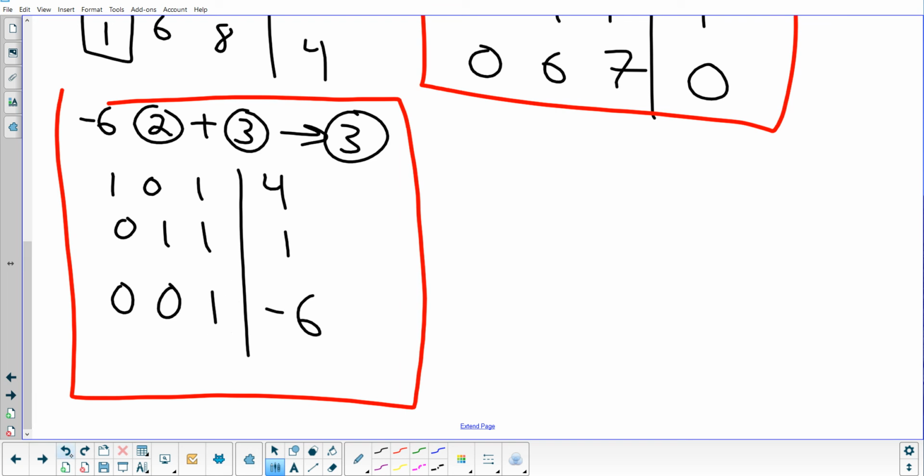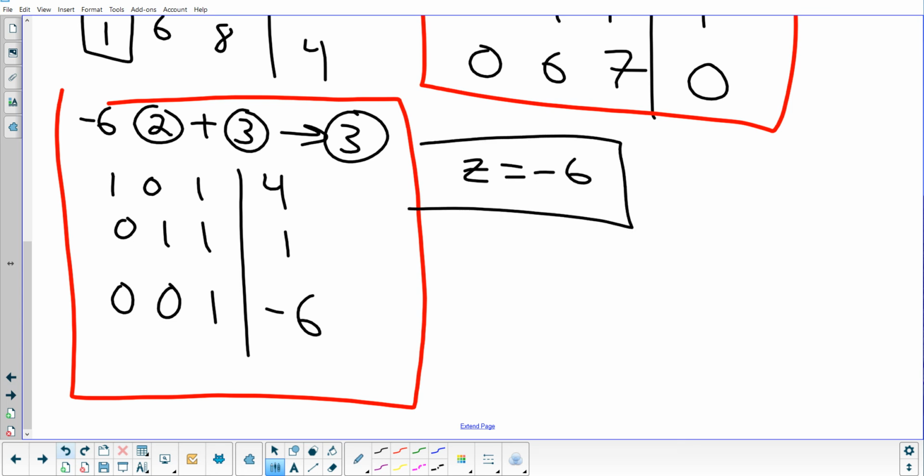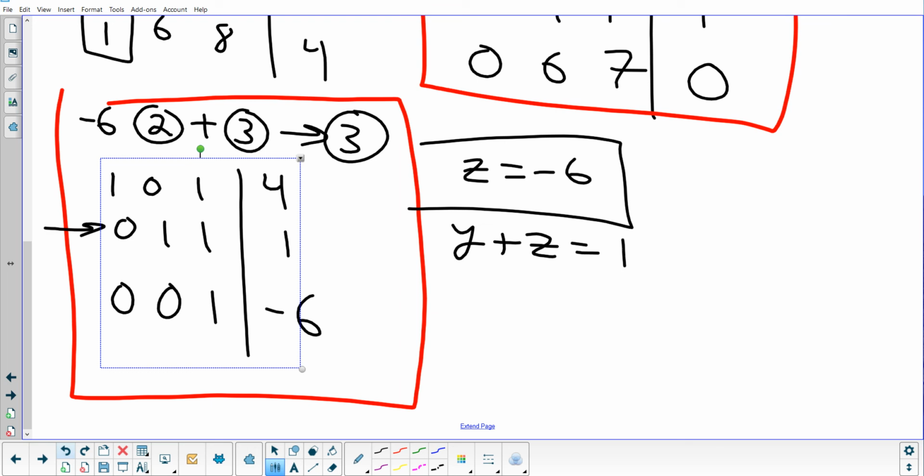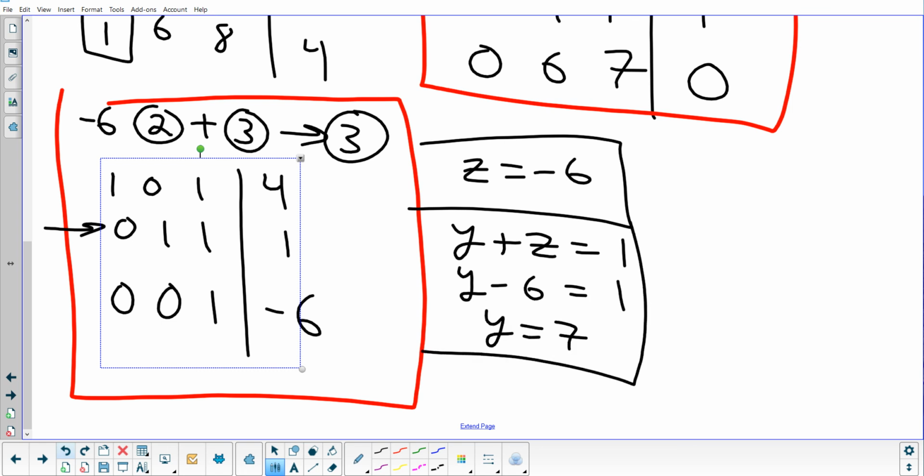So what does this last equation tell me? Z equals negative 6. So that's done. How would this row translate back as an equation? Y plus z equals 1, if you want to think of it step by step. Now z is negative 6. Y minus 6 equals 1. So there's your second.